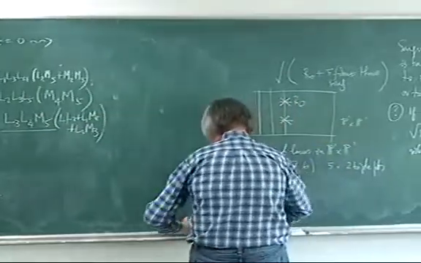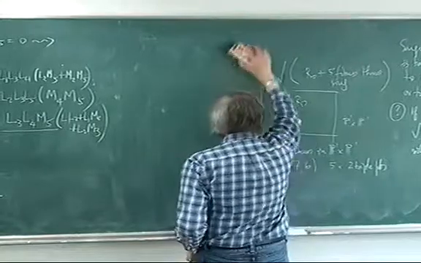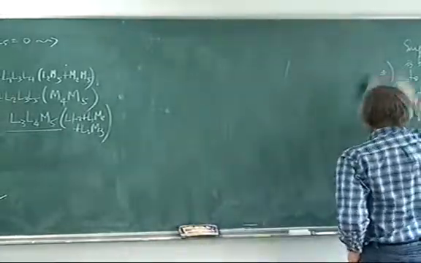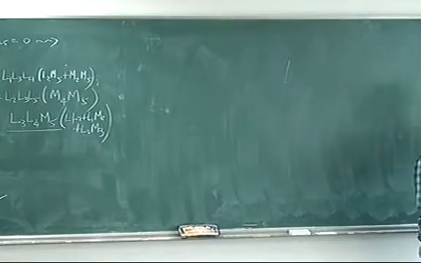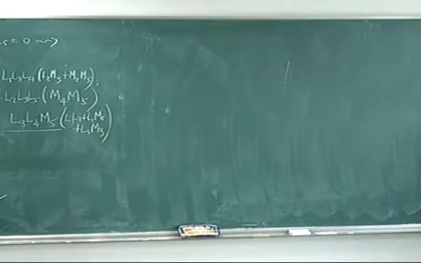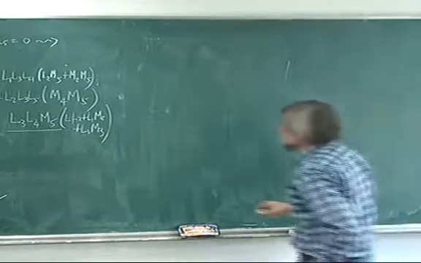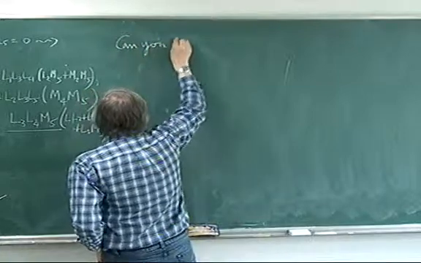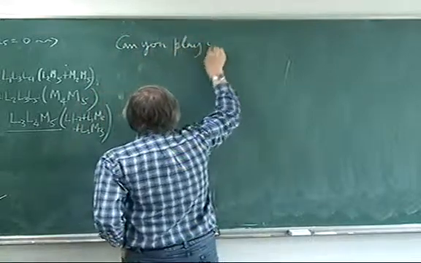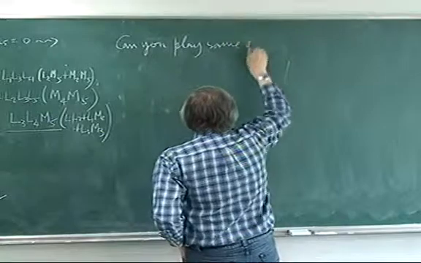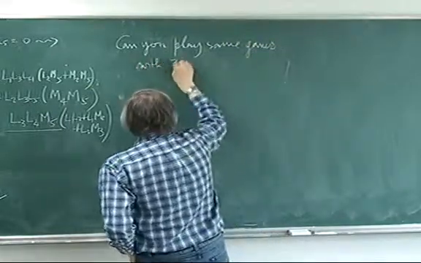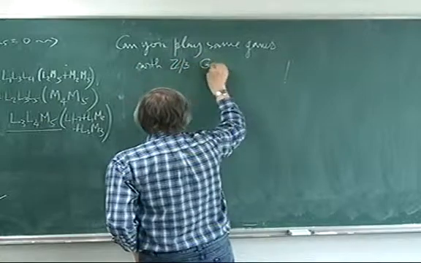Okay, so I mentioned the surfaces with Z mod 4 last time. Let me go straight on to Z mod 3, and this is basically a little computational challenge. Can you play the same games with Z mod 3?